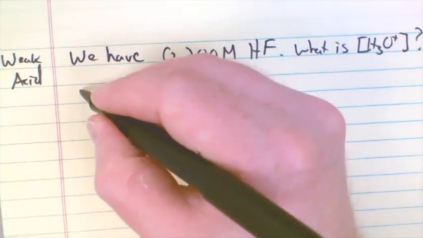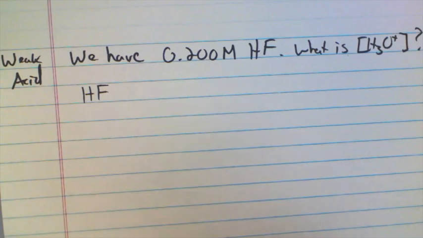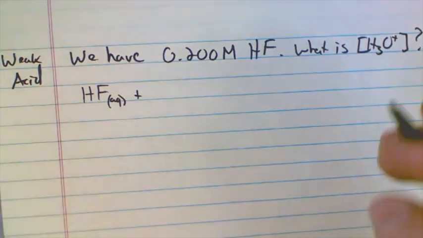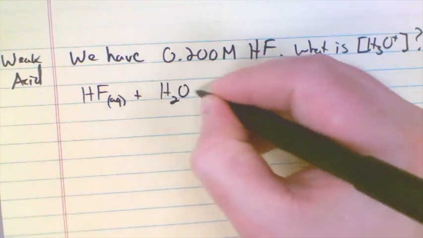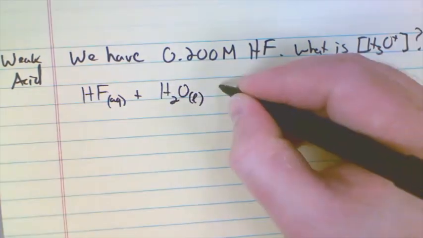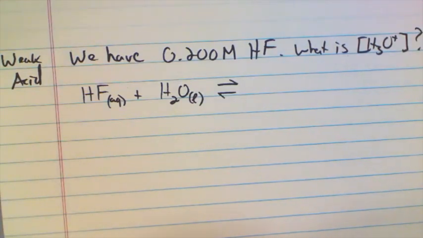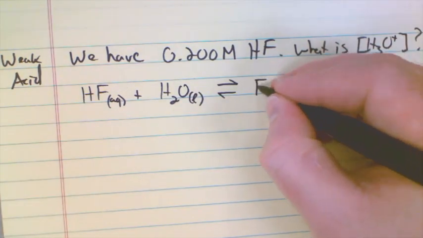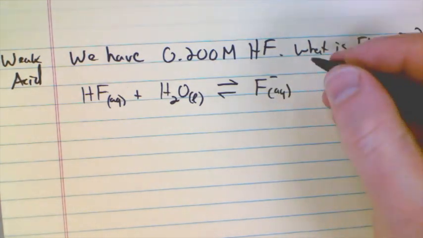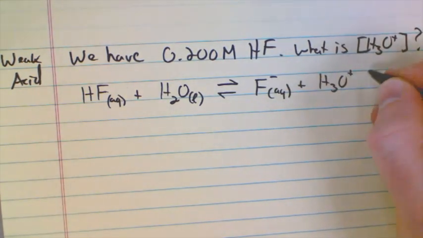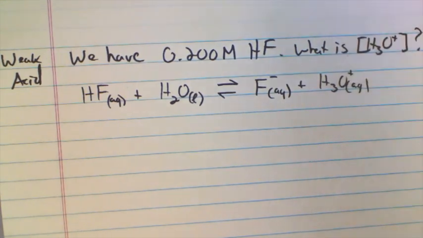So let's write our reaction again. HF combined with water in the liquid state. And again, our products are going to be similar. We're going to have fluoride ion and hydronium ion, both in aqueous solution, both dissolved.